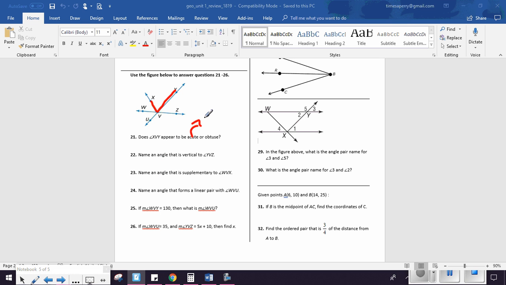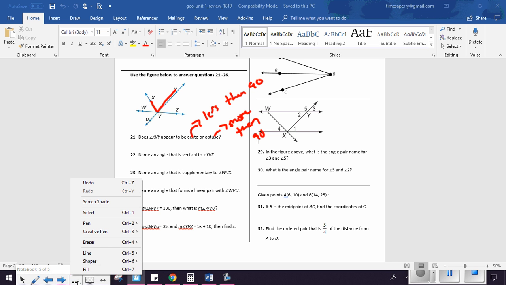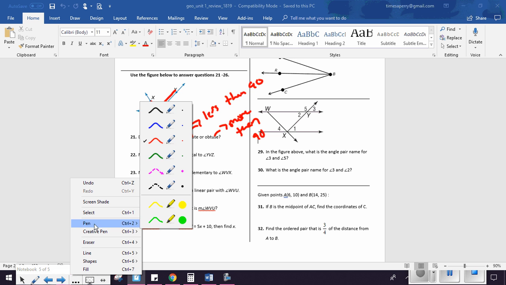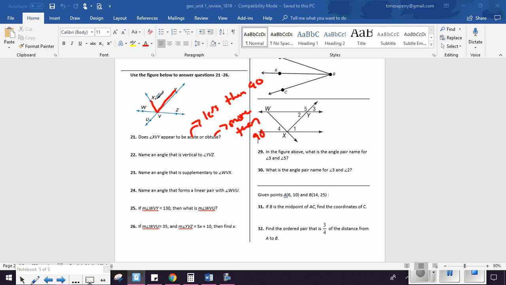Acute is less than 90. Obtuse is greater than 90. A 90-degree angle makes a perfect L. If I were to take another sheet of paper and fit it into the vertex, the corner piece is a perfect L, so it's a right angle, and this angle appears to be acute, less than that.